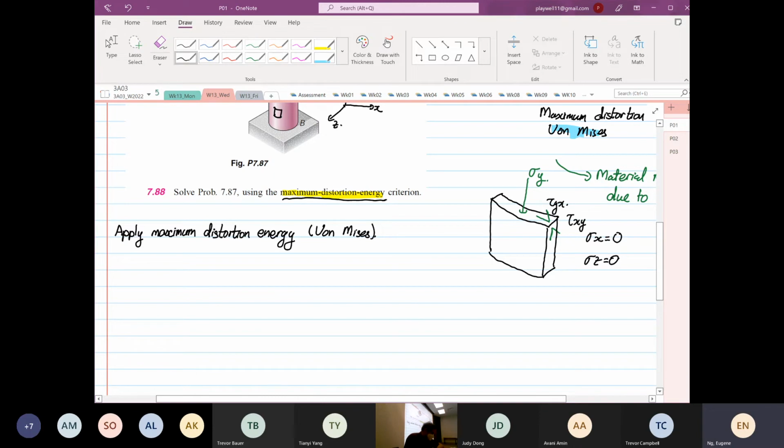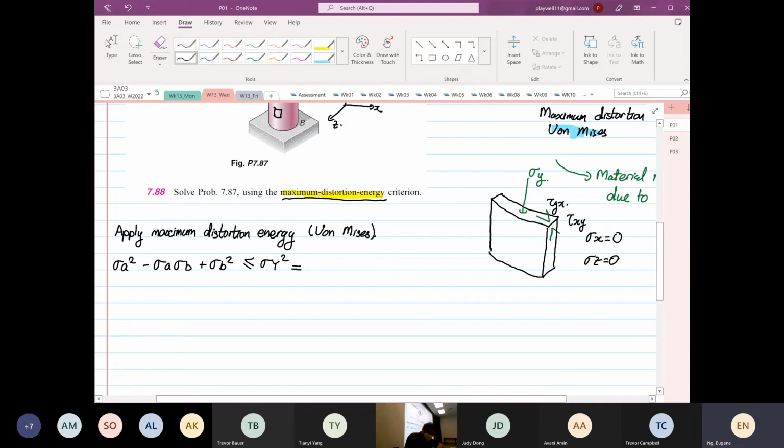If you think about the von Mises criteria, just to quickly recap, we have a relationship where stress A squared minus stress A times stress B plus stress B squared must be less than stress U squared.